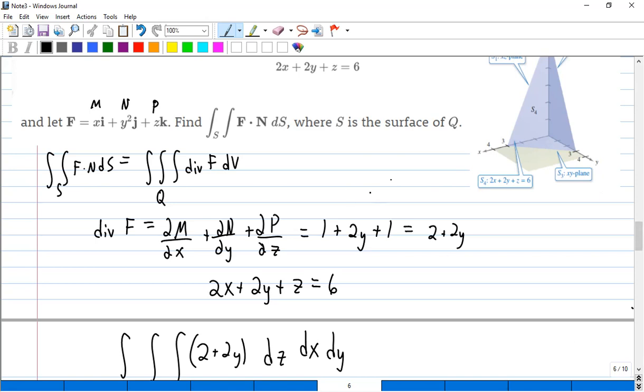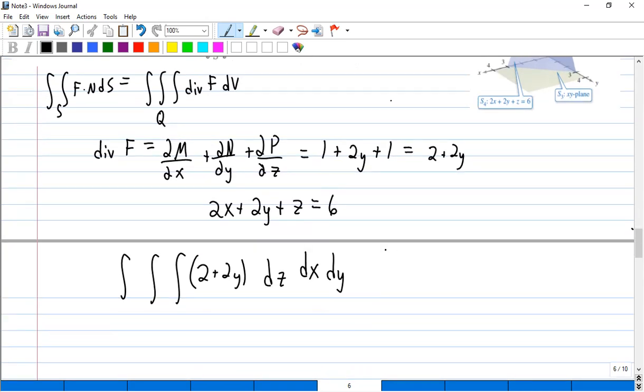Because we were bounded by all those different planes. So if we take this equation and we solve it for z, the bottom is going to be 0 for everything because we're in the first octant. But the top is going to be, if I solve for z in that equation, 6 minus 2x minus 2y.